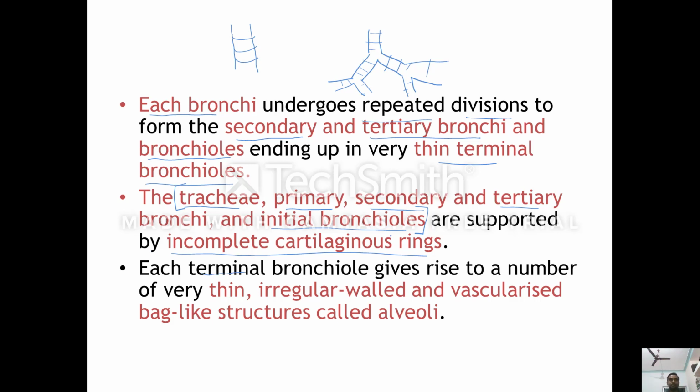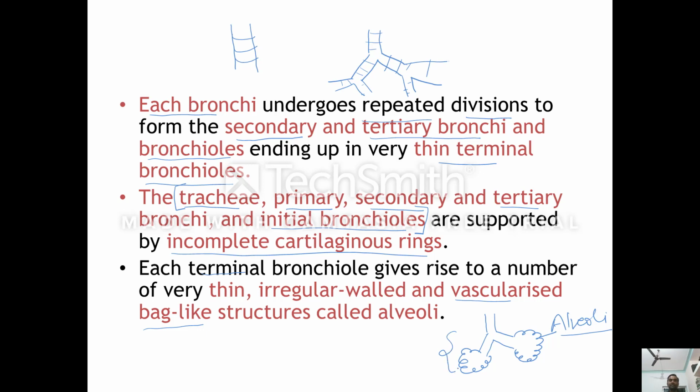And this terminal bronchiole further branches into a sac-like structure. Suppose this is the terminal bronchiole, and it finally branches into a sac-like structure, which is called alveoli.